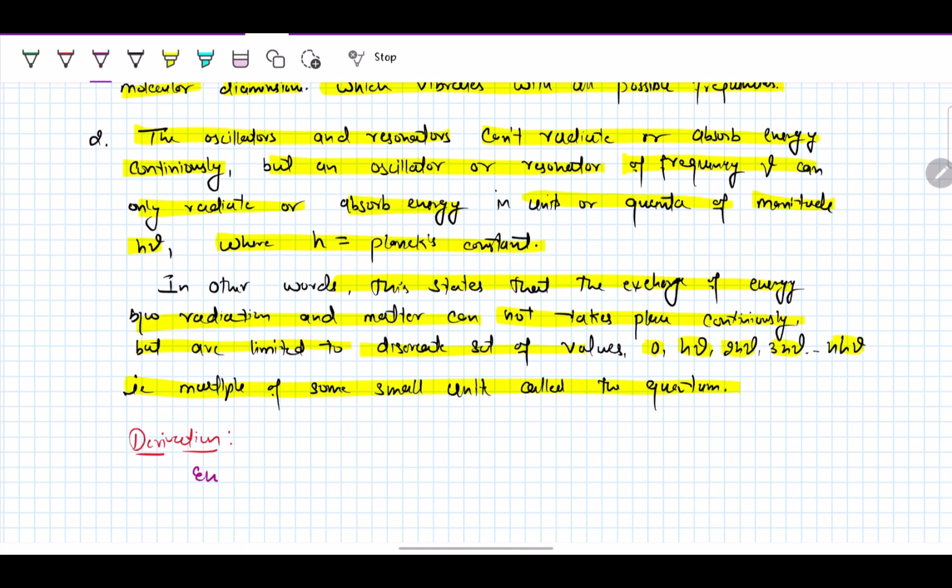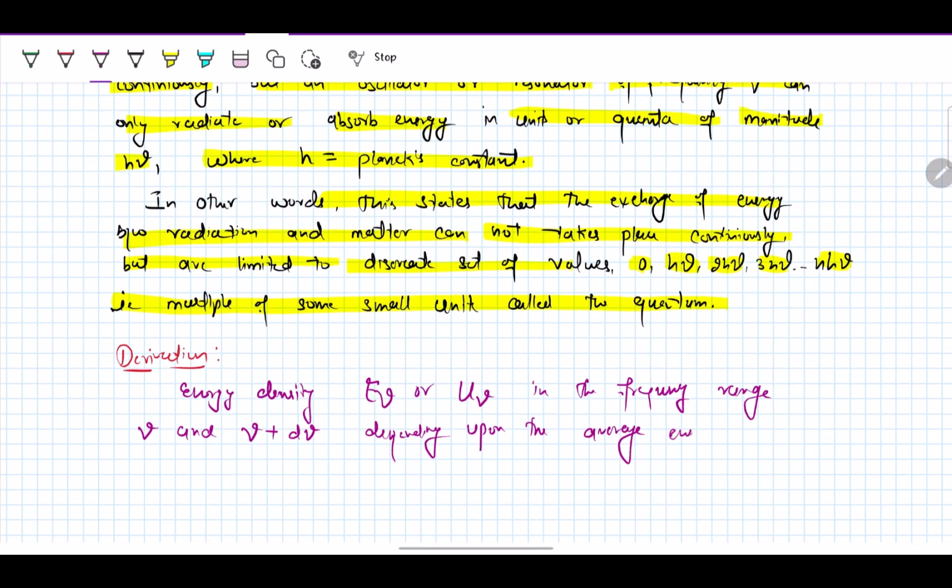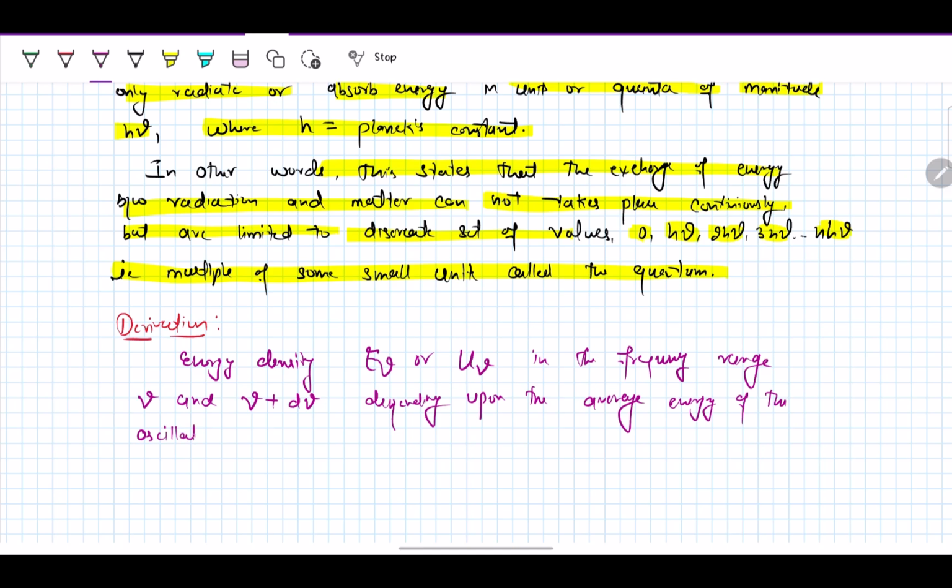Okay, so the energy density, represented by E nu, or you can also use U nu, in the frequency range nu and nu plus d nu, depending upon the average energy of the oscillator, is given by.